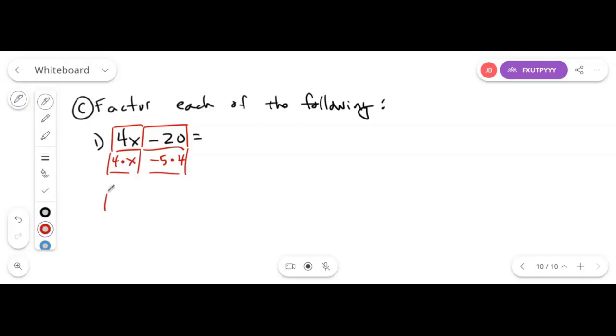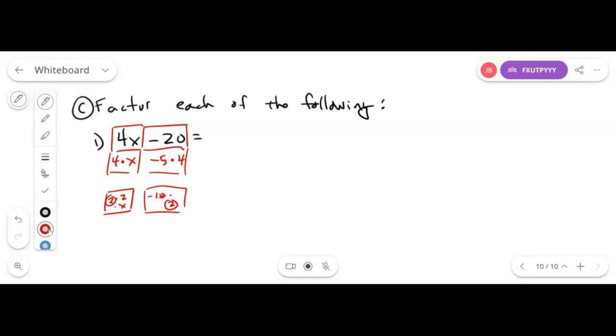If I said that this was 2 times 2 times x, and this box was -10 times 2, if I take only a 2 out, there's still a 2 inside of this 10. I didn't take enough out.